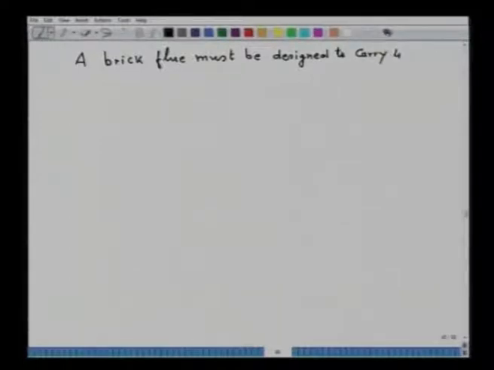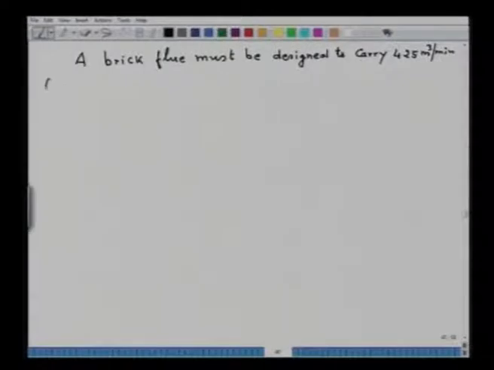Now, let us take another problem with respect to the design of a chimney and flue. Let us take a brick flue. A brick flue must be designed to carry 425 meter cube per minute of flue gas from the furnace to the stack.